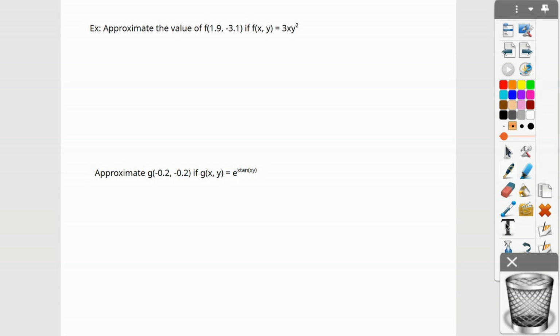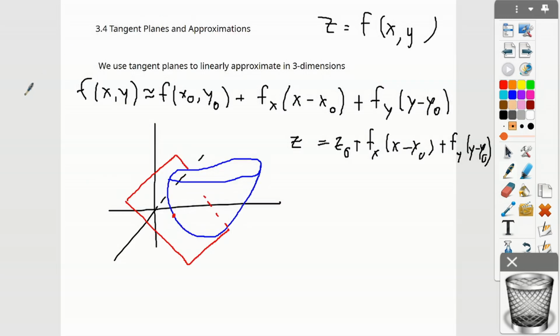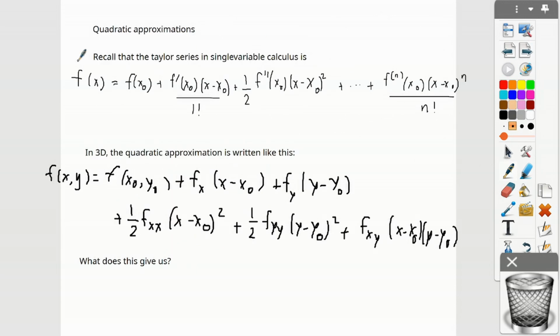So let's do some approximation exercises. Approximate f(1.9, -3.1) if f(x, y) equals 3xy squared. Now, this is a little bit dumb because this is a polynomial, and what we are actually making with this formula are polynomials.